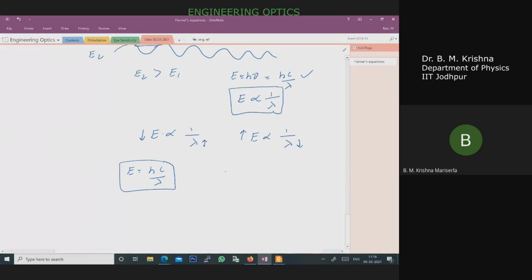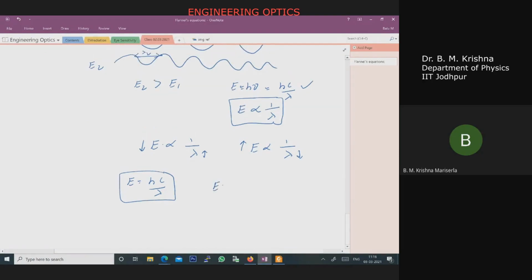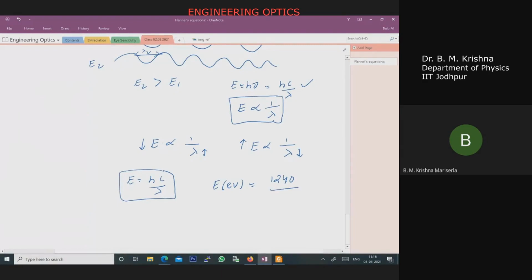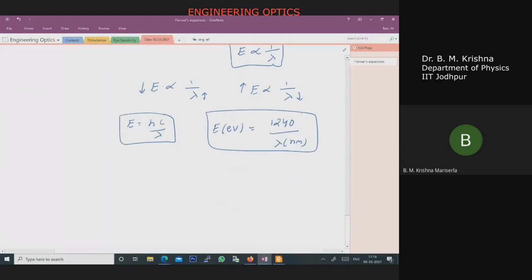So if you do your math, you will get your energy in terms of electron volts exactly matched with 1240 by your lambda in nanometers. So if you take your lambda in nanometers, you can get energy in electron volts.